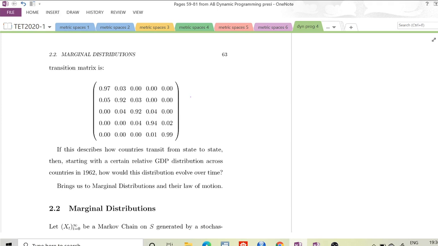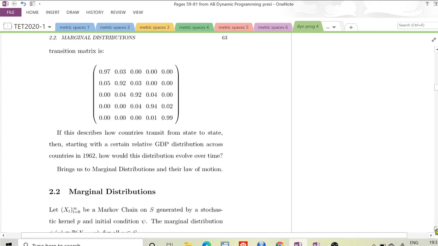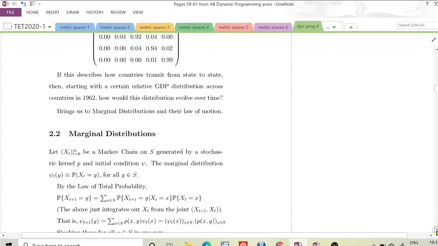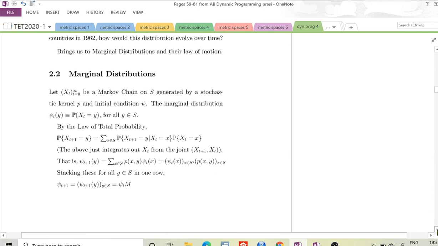So what is this distribution exactly? Let X_t be a Markov chain on a state space S, a finite Markov chain.